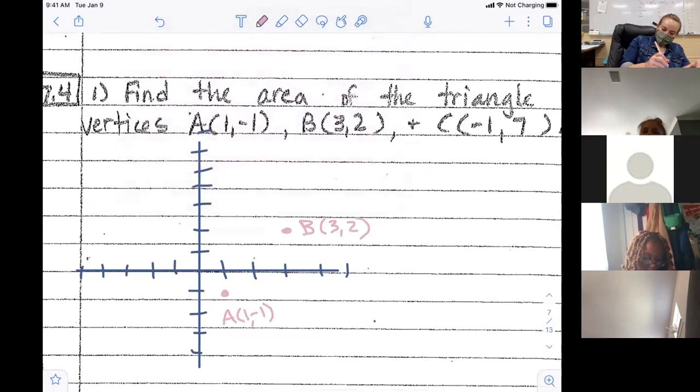And then (-1, 7) is where C is. It's such a terrible job, but that's okay. All right, so make sure you have your triangle drawn out and labeled.